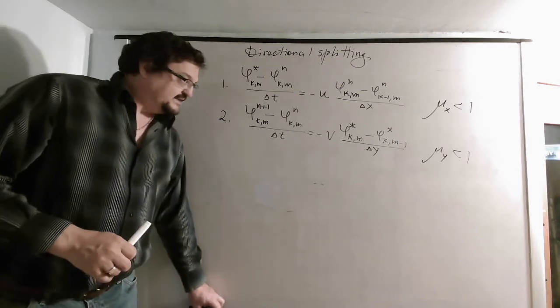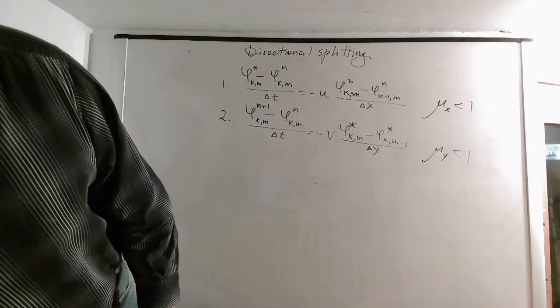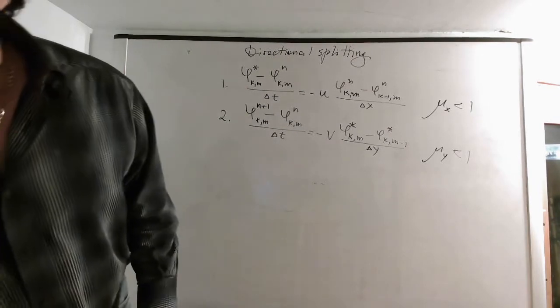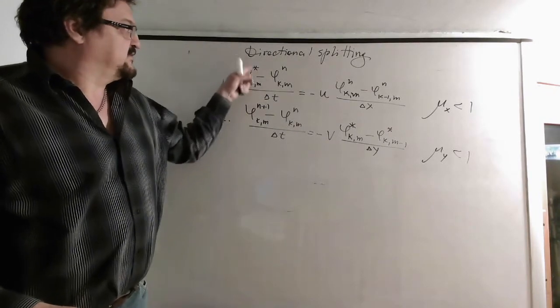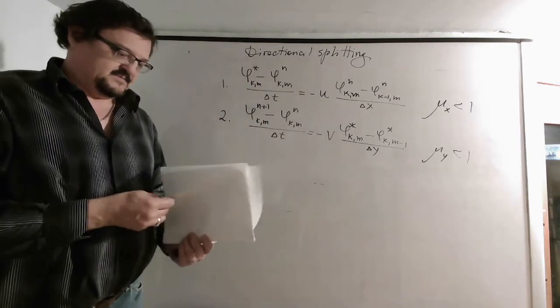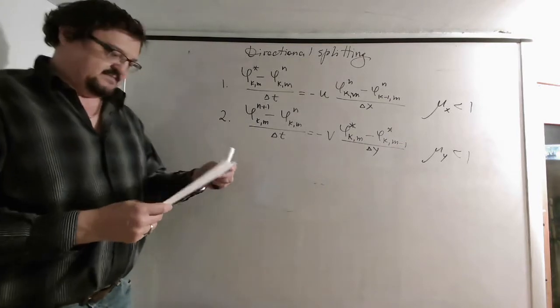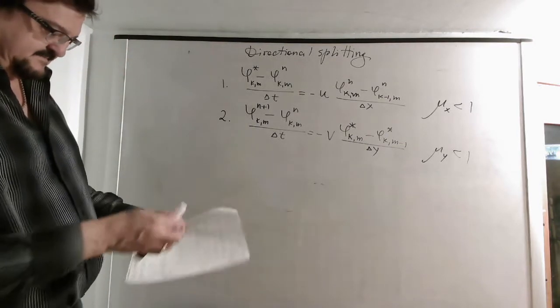Actually, these two schemes can be combined into one scheme. If you just get rid of this star, substituting it into this, you can write this two-step scheme as a one-step scheme.